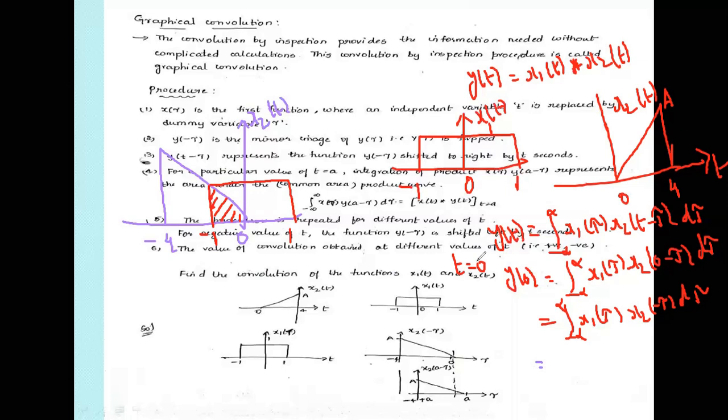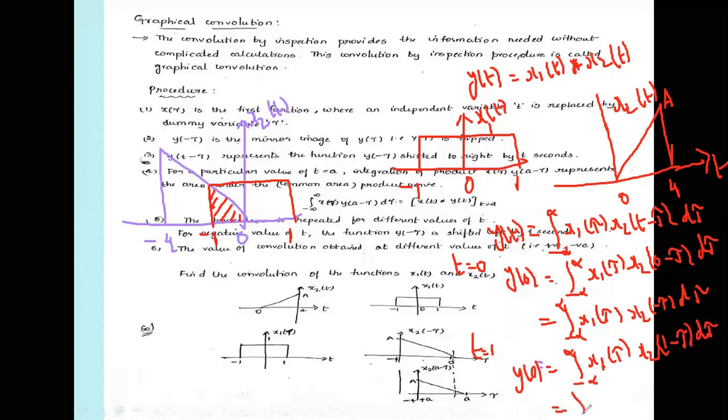-1 to 0. Again, you can shift to t equal to 1. What happens when t is equal to 1? Y of 1 becomes integral from minus infinity to infinity, x1 of tau, x2 of 1 minus tau d tau.